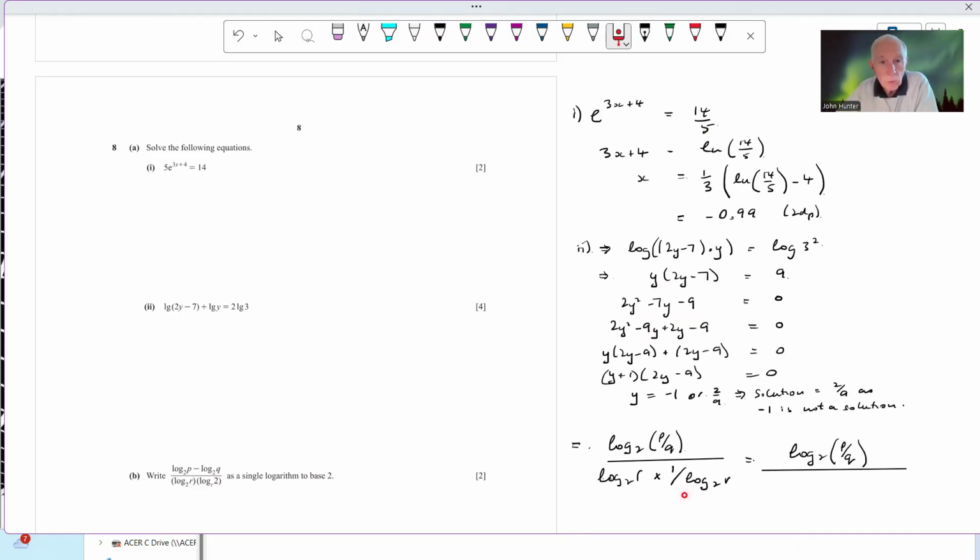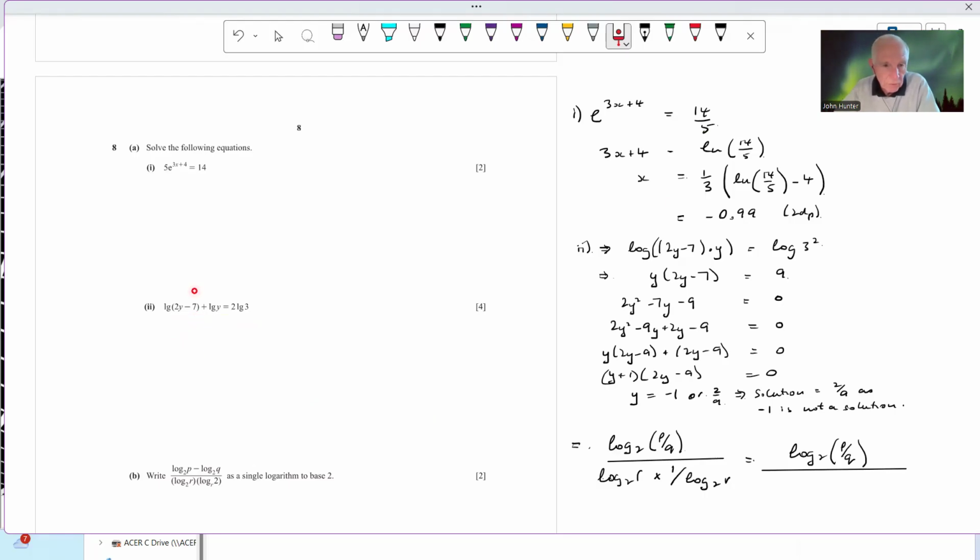Now we should note here that -1 isn't going to work. It might be a solution to this quadratic equation, but it's not really a solution to our initial equation. And what we always need to do with our solutions is check them back in the original equation, to make sure that they make sense and they work.